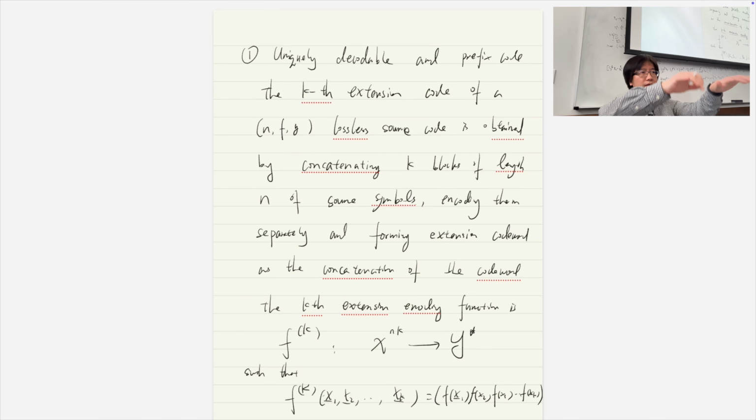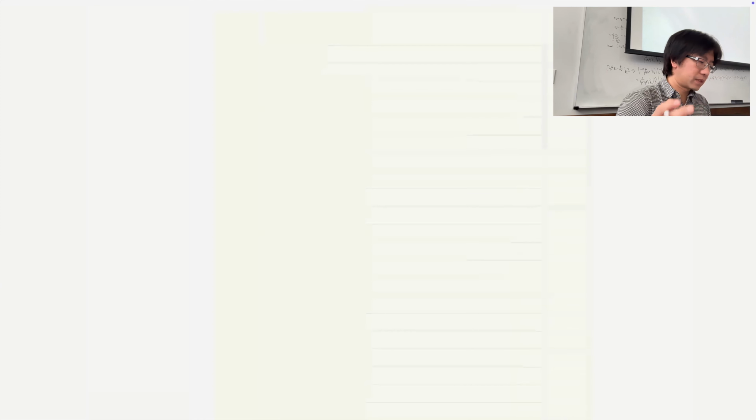We just concatenate them all together, okay? Any questions so far? I just encode them separately and then put them together. So this is the k-th order extension code.